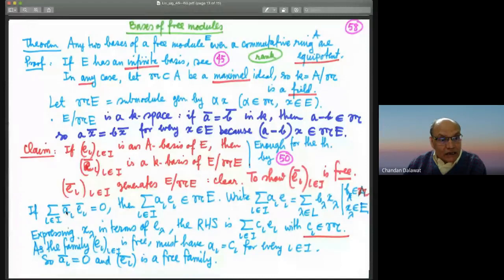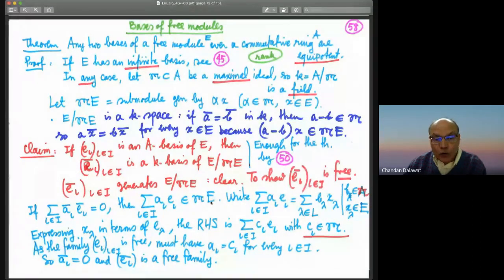Then this expression is the image of this expression, sum over iota in I of A iota, E iota. And being equal to 0 means that this expression belongs to ME, because ME is the kernel of the map from E to E modulo ME, right? So we have this in the kernel. Now, by definition, what is ME?